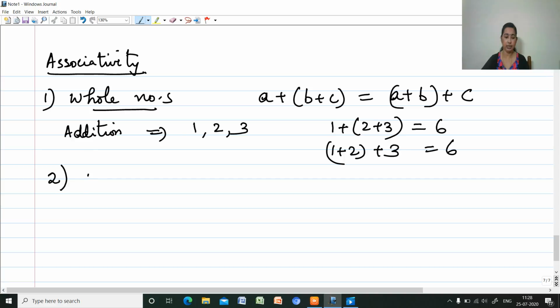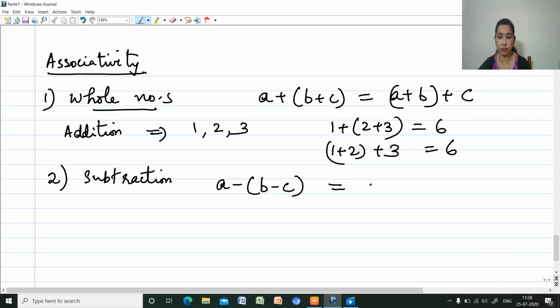Then second one is subtraction. If you are taking 3 whole numbers, A minus B minus C should be equal to A minus B minus C. So if these 3 numbers we are considering, this is equal to 1 minus 2 minus 3, that is 1 minus minus 1, that is 2.